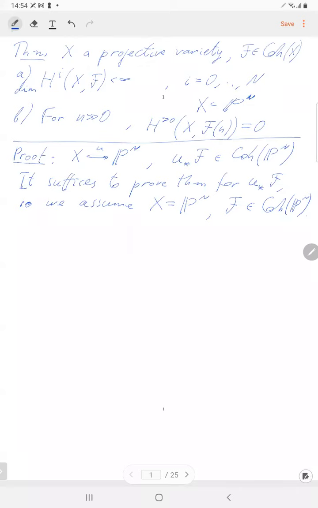So not from i equals 0, but from i equals capital N. Okay, so we know that if this number of cohomology is bigger than capital N, then cohomology just vanishes.